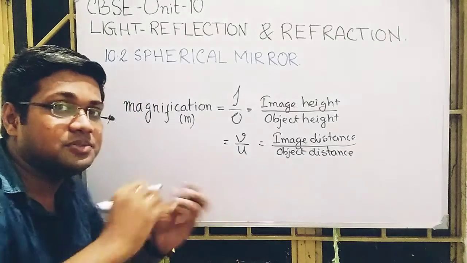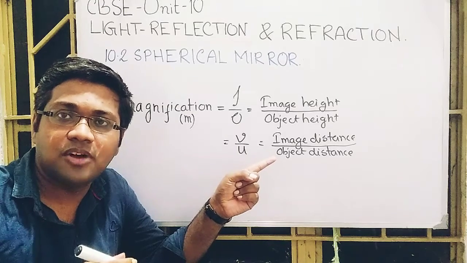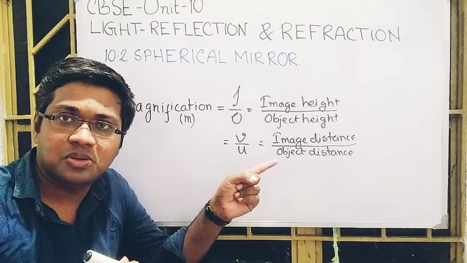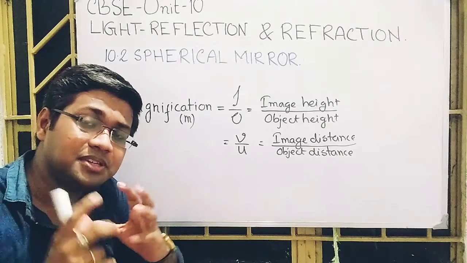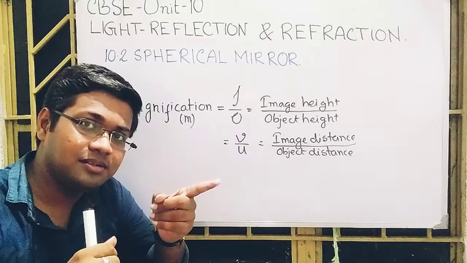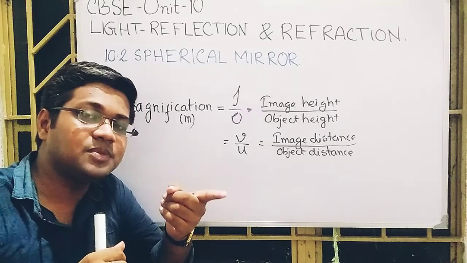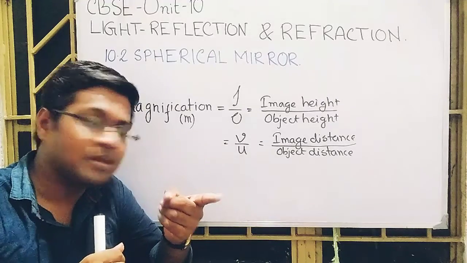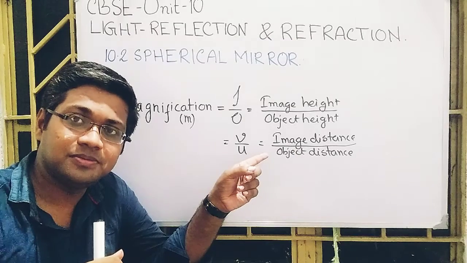So just think about this. Since it is the ratio of the image distance to the object distance, if m is greater than 1, if the size of the image is greater than the size of the object, then V should be greater than U. Yes or no?